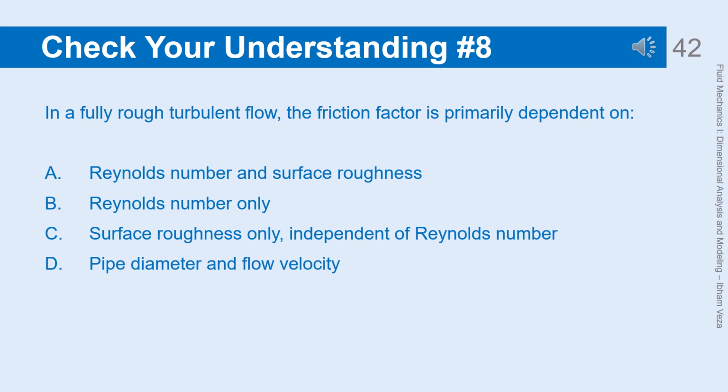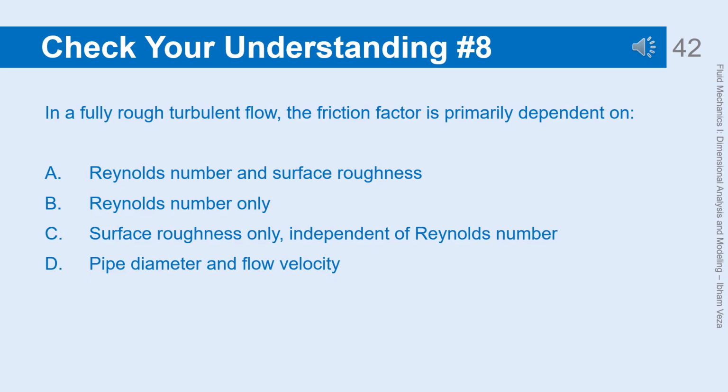Check your understanding number 8. In a fully rough, turbulent flow, the friction factor is primarily dependent on C. Surface roughness only, independent of Reynolds number. Explanation.